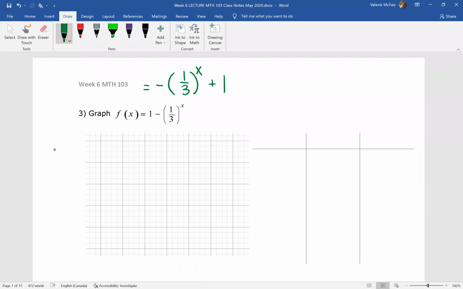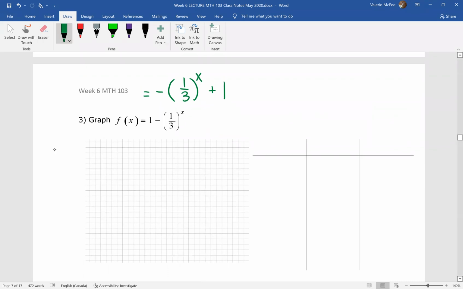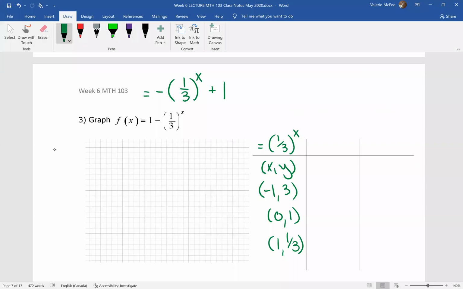Can you see what the transformations are here then? Let's start with our basic function graph. I'm going to leave it to you now to finish filling in this table and graph this function.